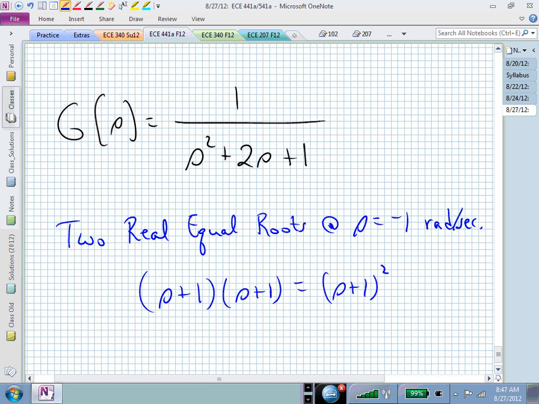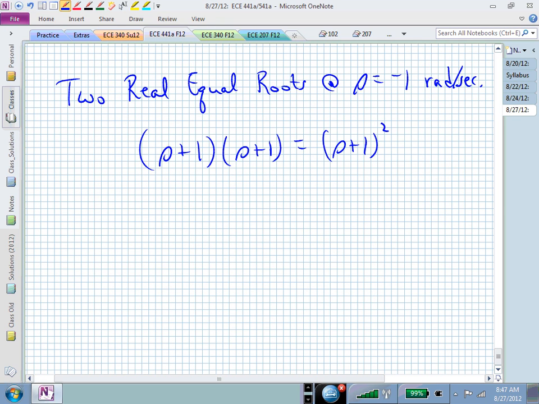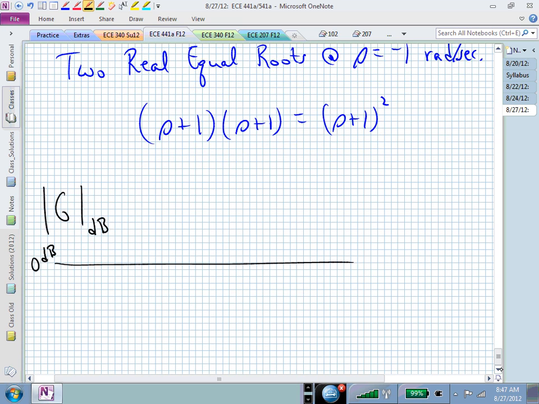Which, if I now wanted to sketch that as a Bode plot, magnitude-wise, I'm 0 dB until what point in frequency?